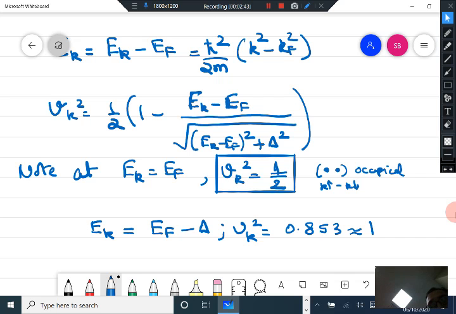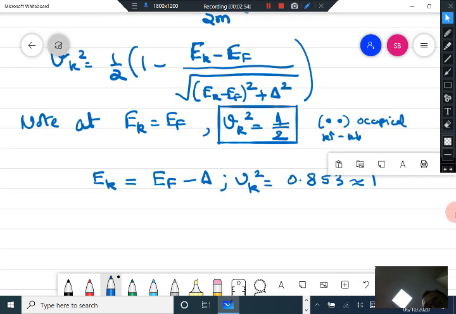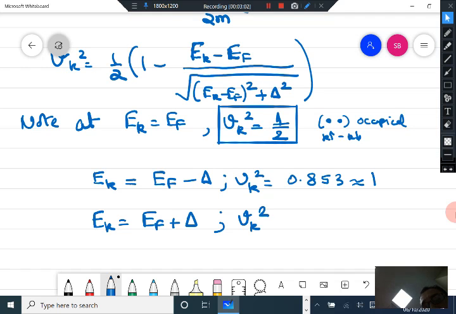So if you are at delta below the Fermi energy, the occupancy becomes almost 100%. And if you are at an Ek equal to Ef plus delta, then Vk square will be about 0.146, which is of the order of 0. It is approaching 0. So at plus delta, the probability of occupancy of the k, minus k state goes to 0.